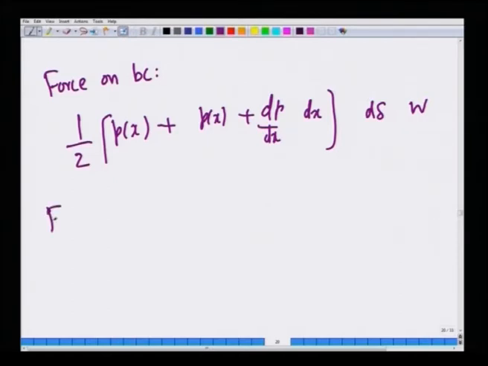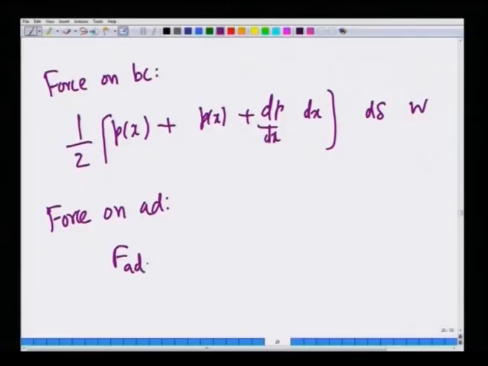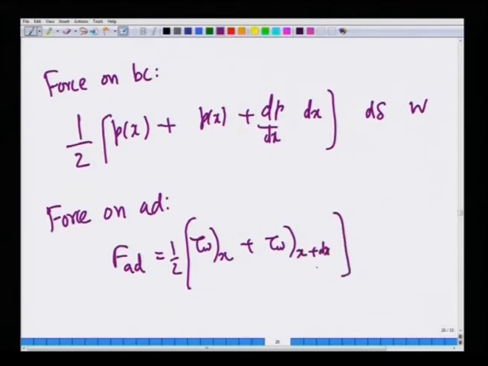Now, the force on AD, the bottom surface. The viscous shear stress will tend to act in the minus x direction, because it will tend to retard the fluid. So, F AD is tau w at x plus tau w at x plus dx, multiplied by w dx.